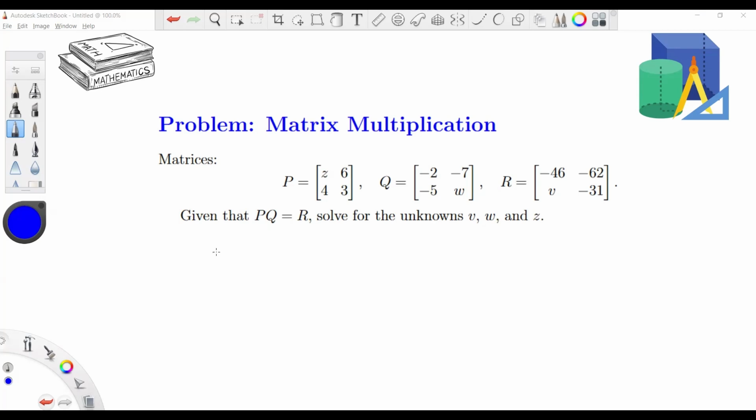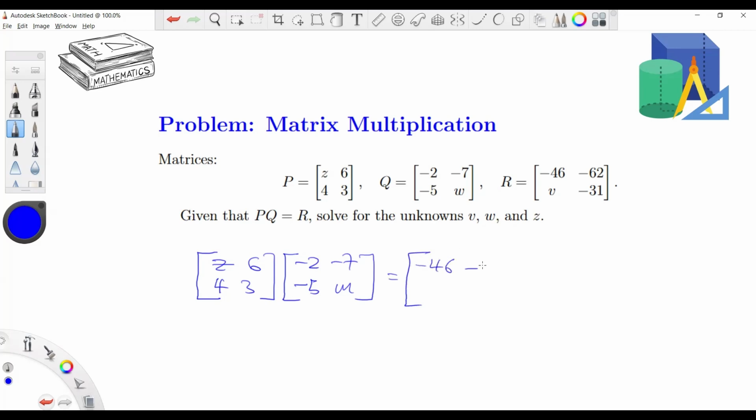P is Z, 6, 4, 3, our 2 by 2 matrix, multiplied by another 2 by 2 matrix, which is Q: minus 2, minus 7, minus 5, W, is equal to the matrix R, which is minus 46, minus 62, V and minus 31.